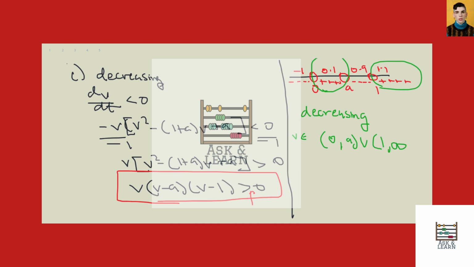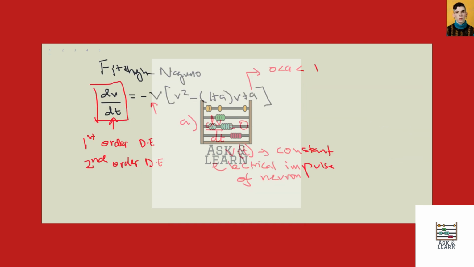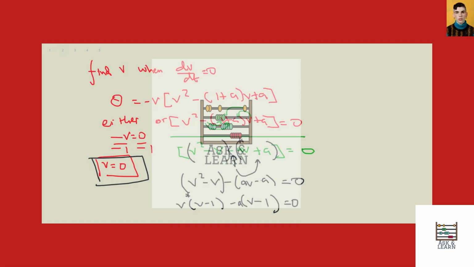So those are the steps of finding the solutions. Just going back to clarify what happened. Initially, we had dv over dt being equal to 0. That means the electric impulse of the neuron, v of t, is a constant. And so we factored a couple of variables.